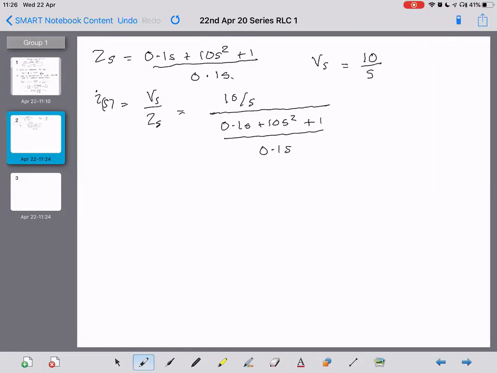Fraction over fraction. It's one fraction divided by another fraction. So how do we simplify that? We keep the 10 over s up the same way. We multiply by the other fraction turned upside down, times 0.1S.